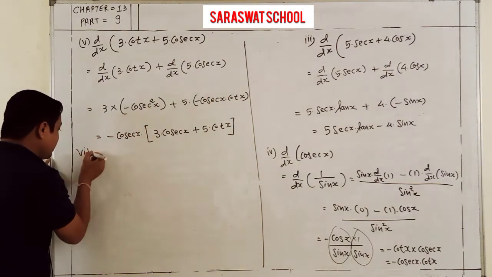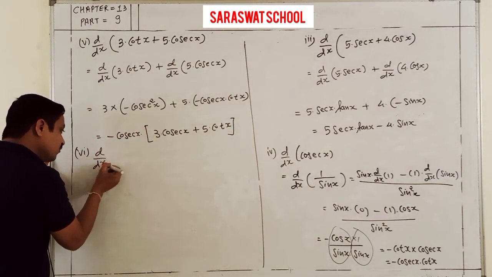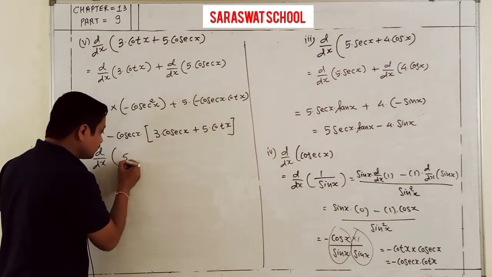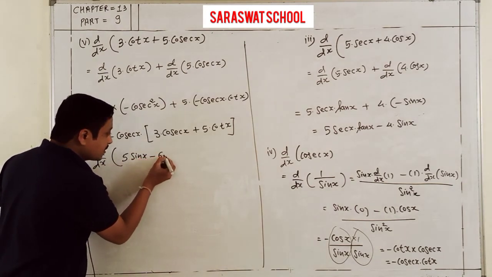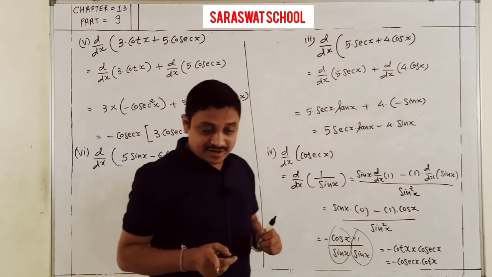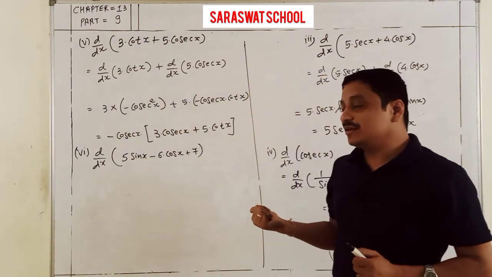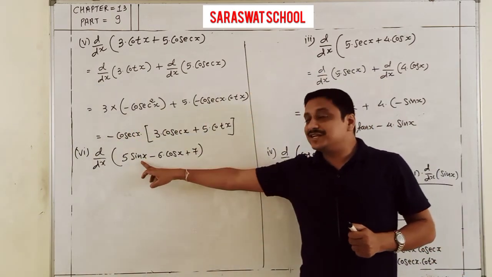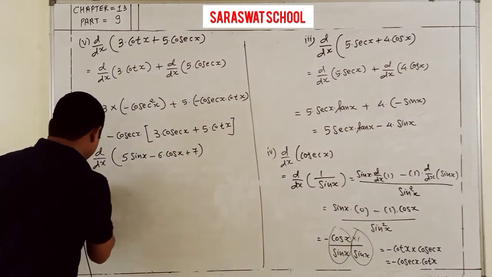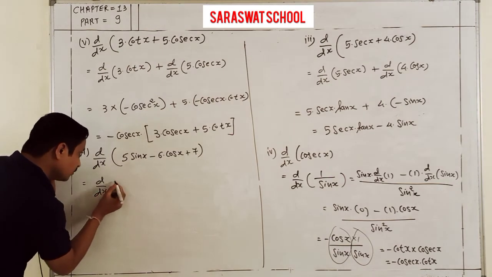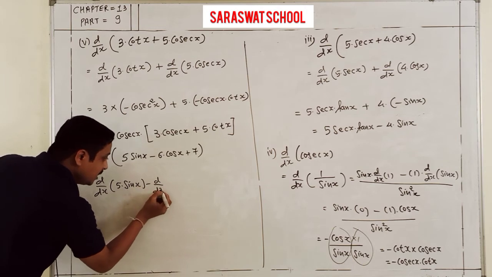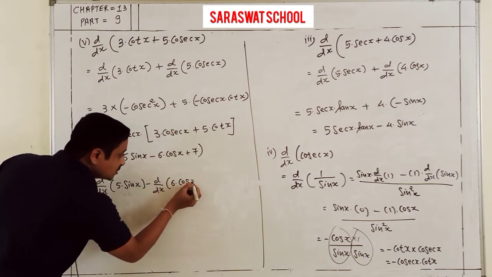Now continue with question number 6, the same pattern: d/dx of 5 sin x minus 6 cos x plus 7. Taking the working rule to the first, second and third terms. The derivative of 5 sin x is 5 cos x.